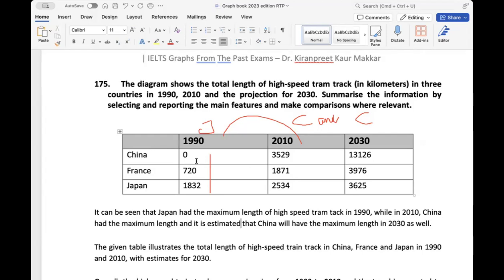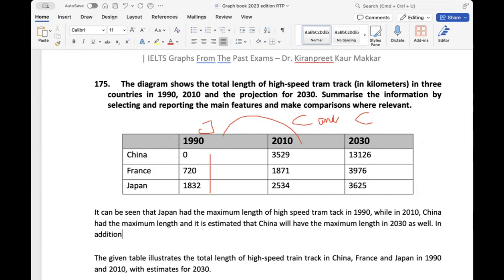So now tell me, what is expected in China? What will happen? Now look from 1990 to 2030. What's the expectation? Tell me. Increase. Increase. That's the second sentence. It's an easy sentence.